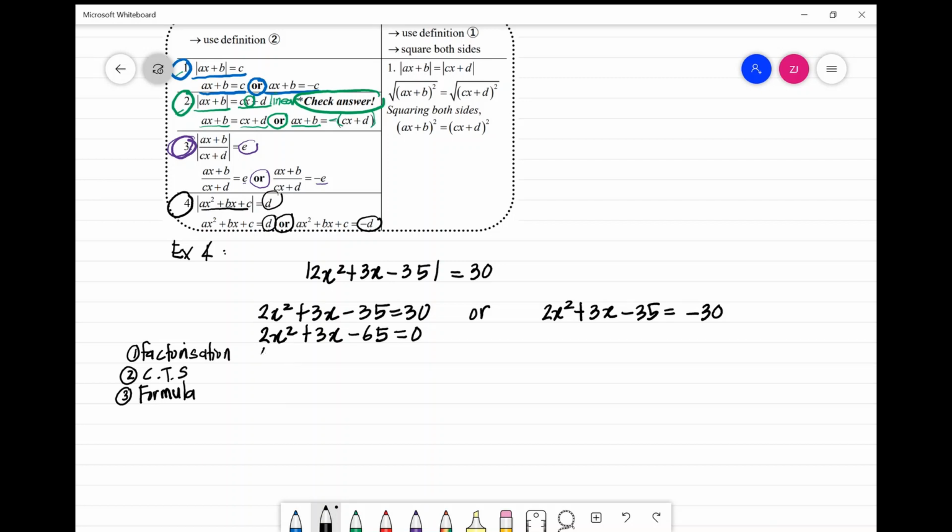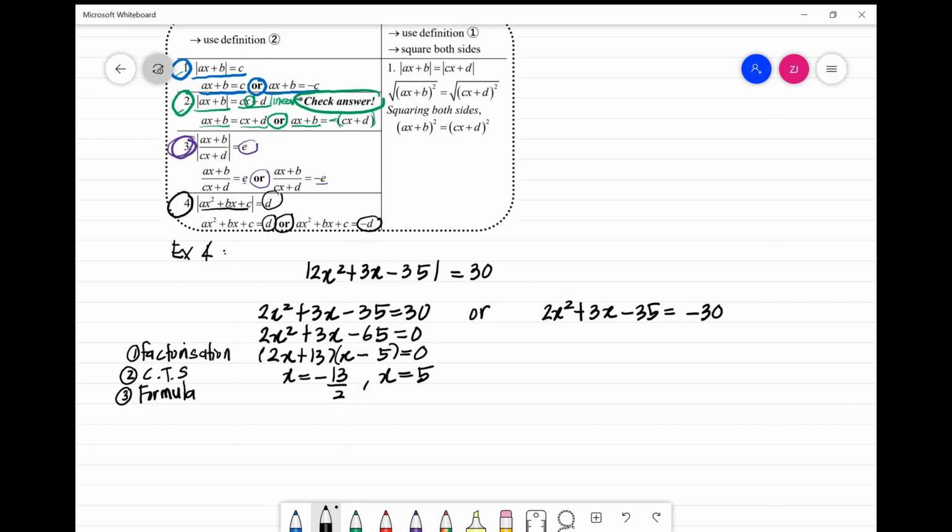We have 2x and x, here we are going to have 13, and we are going to have 5. In order to get 3x, here we put positive, and here we put negative. So x equals negative 13 over 2, and x equals 5.